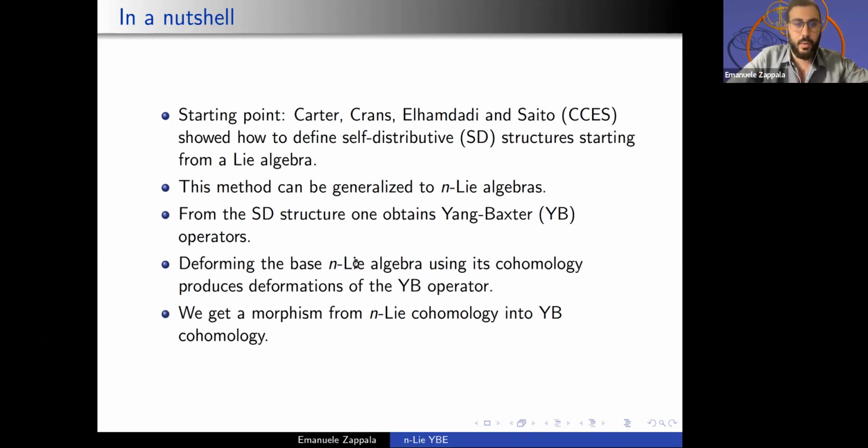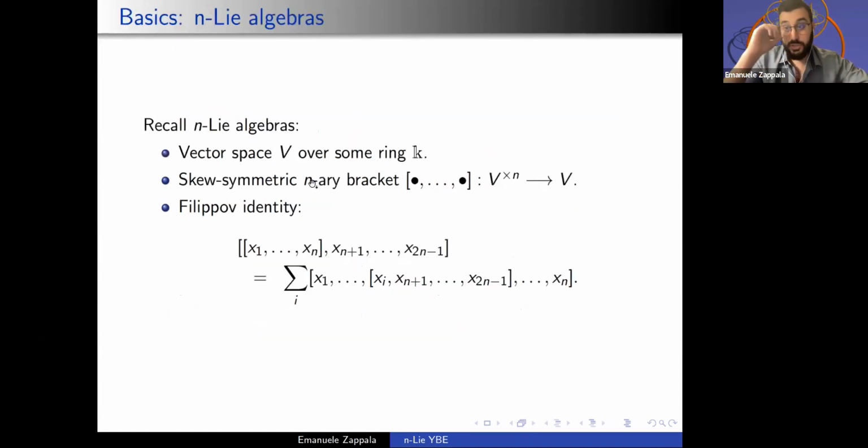Just to recall a couple of notions, an N-Lie algebra is basically exactly what you would expect, the binary algebra generalized to an n-ary operation. Here the brackets take n objects, so you have 2n minus 1, because the first n will contract to 1, and then here you will have n more, n minus 1 plus n.